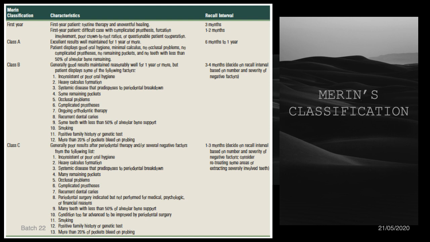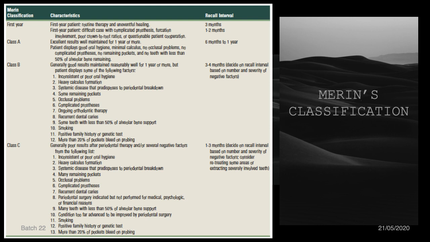They have severely negative factors like inconsistent poor oral hygiene, heavy calculus formation, systemic diseases, many remaining pockets, occlusal problems, complicated prosthesis, recurrent dental caries, periodontal surgery indicated but cannot be performed due to the patient's medical conditions, many teeth with less than 50% of alveolar bone support, conditions too far advanced to be improved by periodontal surgery, chronic smoking habit, positive family history or genetic history, or more than 20% of pockets which bleed on probing. Then these patients should be called every 1 to 3 months.